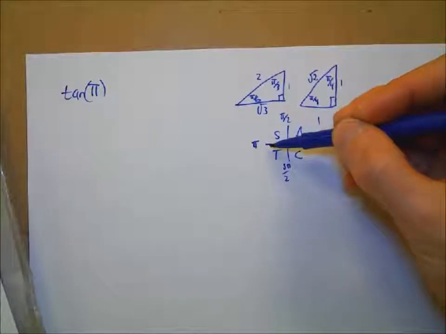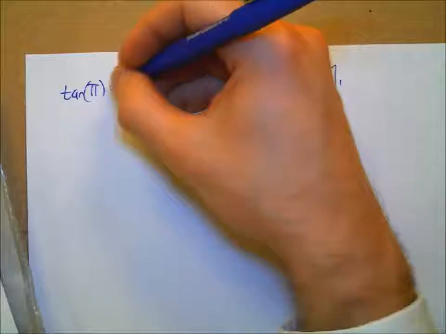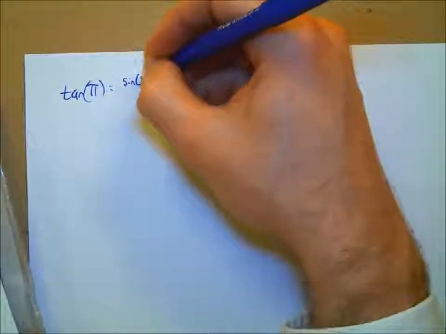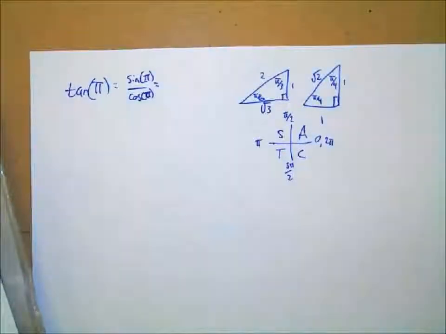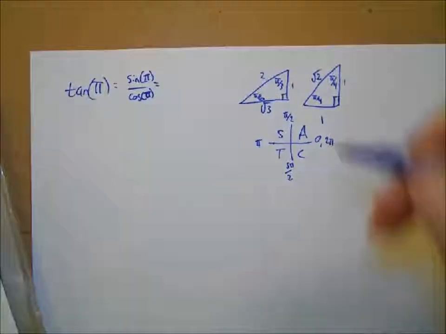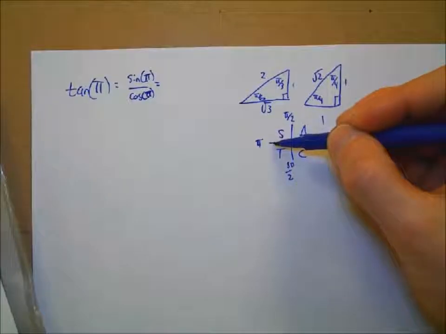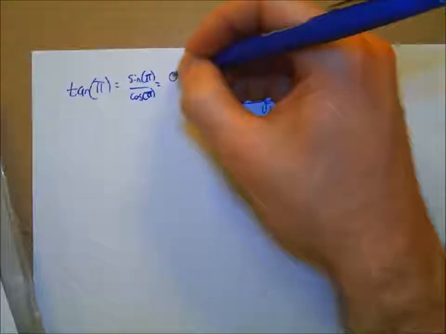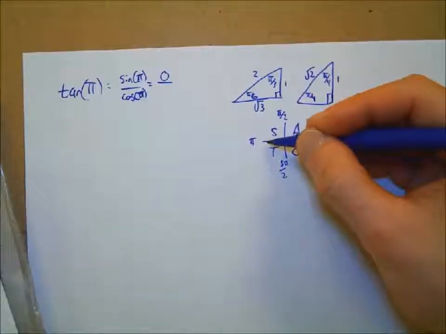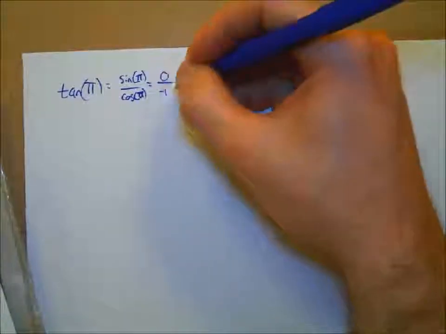Well, let's make this sine of pi over cosine of pi. What is the sine of pi? What's the coordinate at this point? Yeah, the y-coordinate, because sine is the y-coordinate. The y-coordinate here is 0, so it's 0 over, and what's the x-coordinate here? Negative 1, yep. And so 0 over negative 1 is 0.